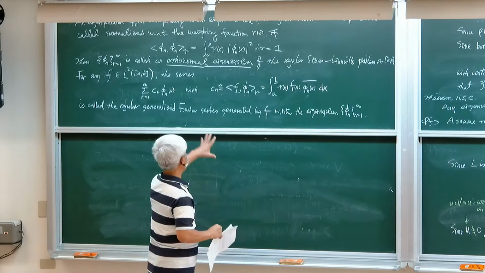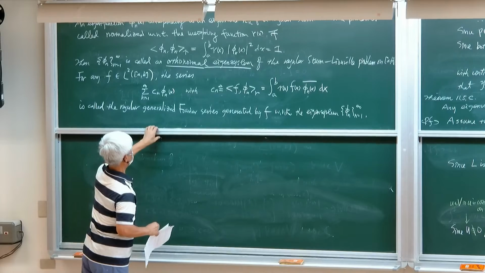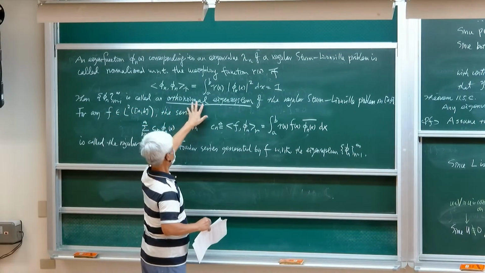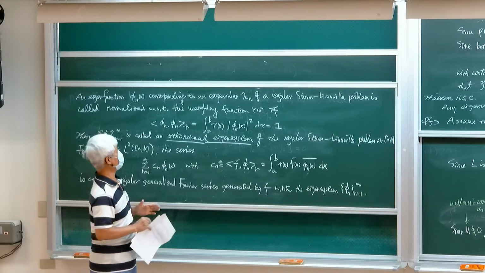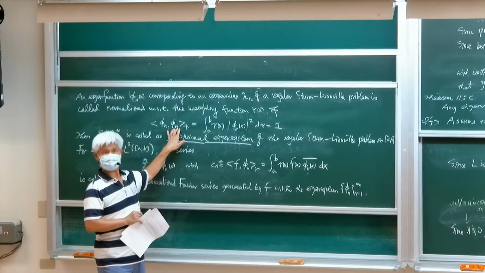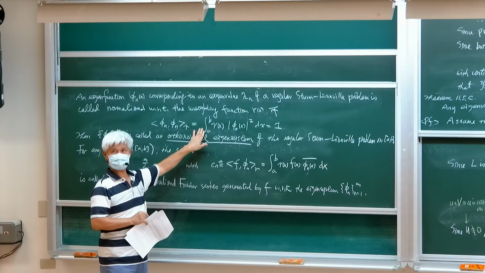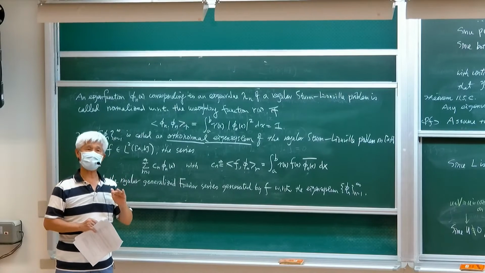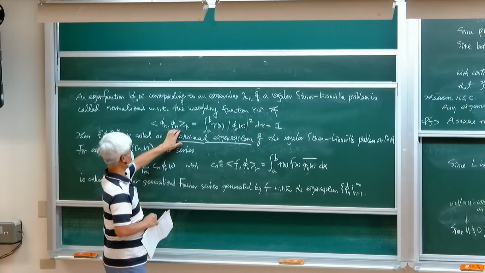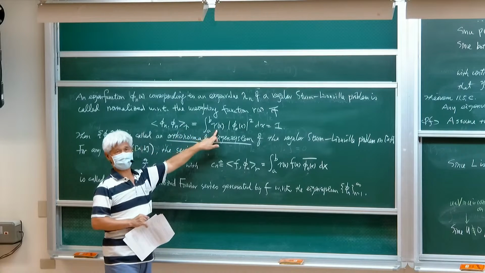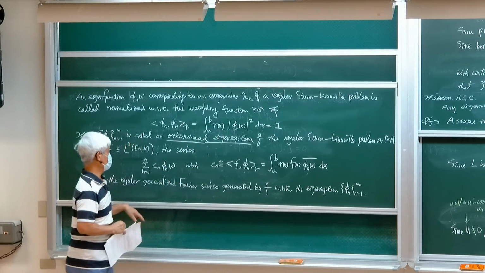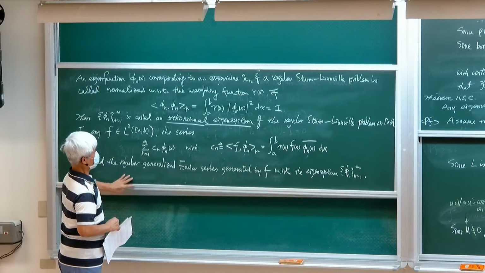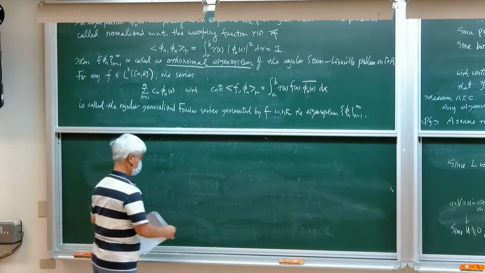For each such eigensystem, we find that they are also orthonormal, in the sense of the inner product we constructed with a weighting function R. This is the reason why we have to construct an inner product space, and it turns out such an inner product is the weighted inner product, weighted by R of x. So we have orthogonality.